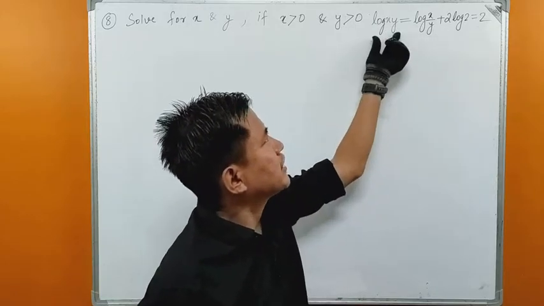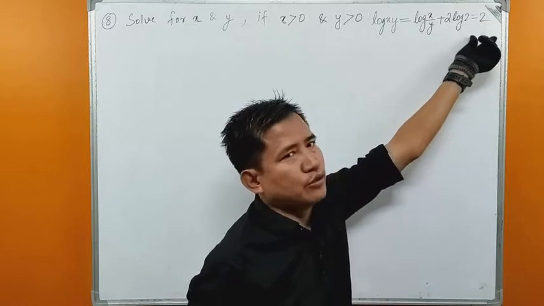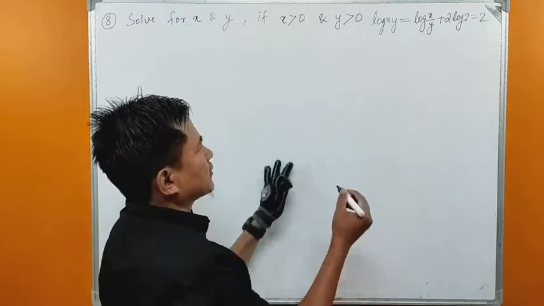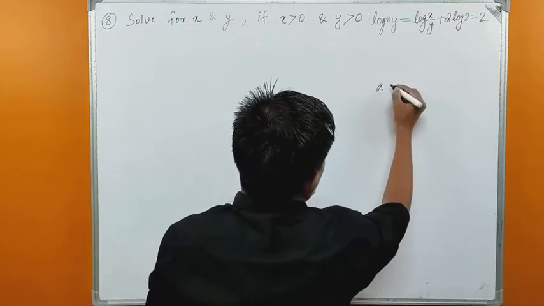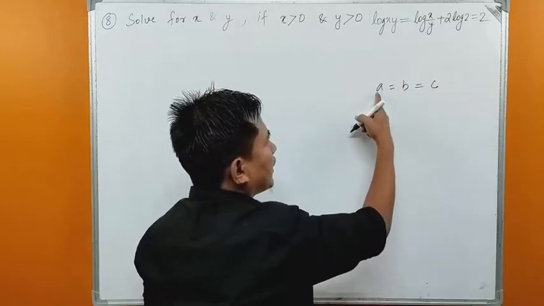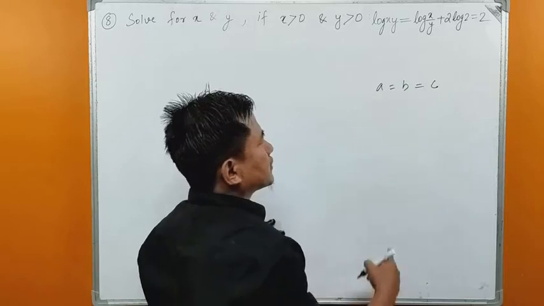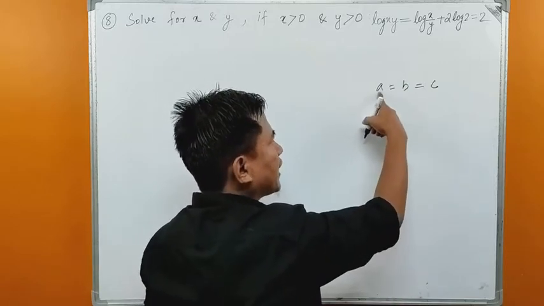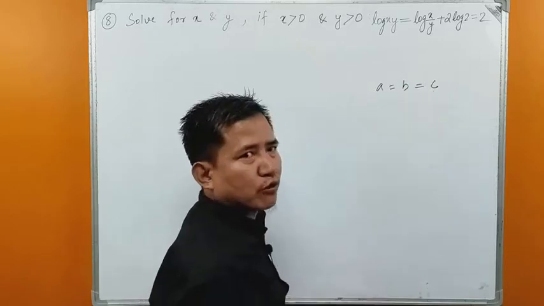Okay, this equals 2, which means, let us understand like this, okay? If a equals b equals c, it means the values of a, b and c are equal, isn't it?